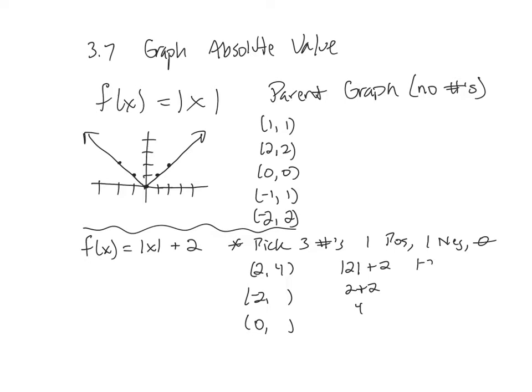And if I did negative 2, absolute value of negative 2 is 2, plus 2 is 4. And if I plugged in 0, absolute value of 0 is 0, plus 2 is 2. So 0, 2; 2, 4; and negative 2, 4.